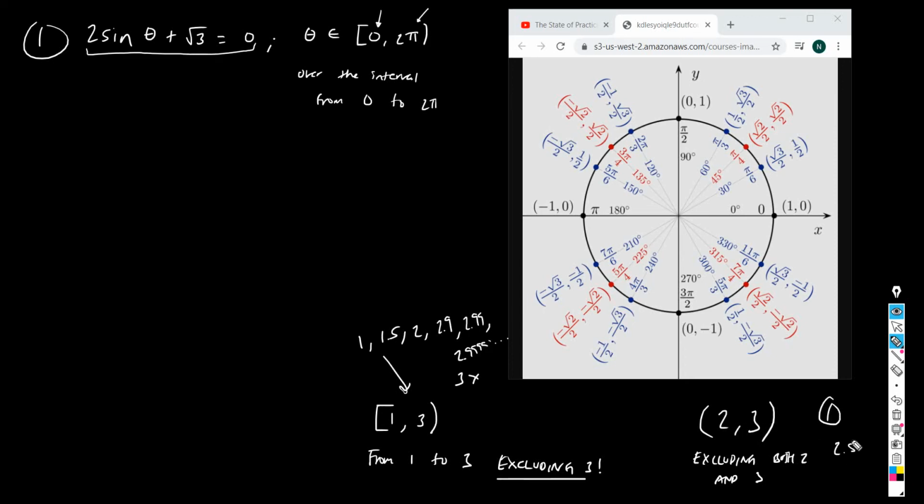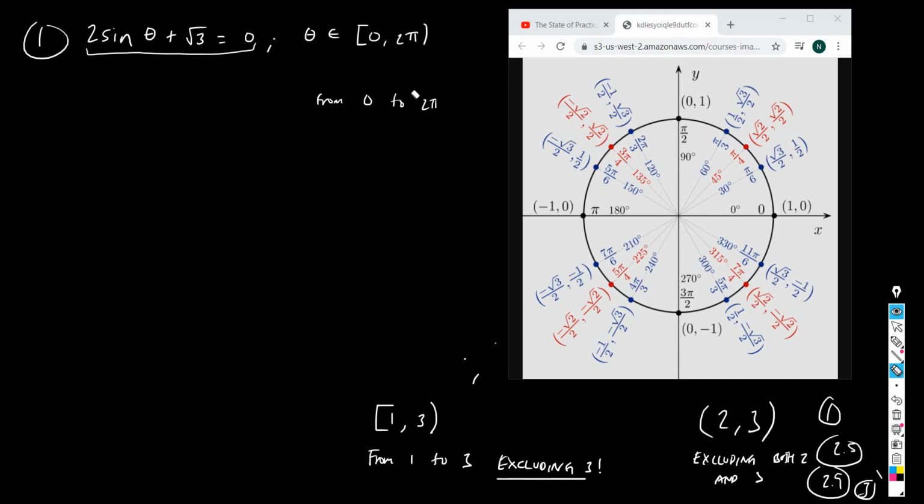Is the number 2.5 inside this interval? Yes. Is the number 2.9 inside this interval? Yes. Is the number 3 inside this interval? No. And that's how it works. Okay, so that's what this means, guys. We need to consider only the solutions that are within the interval from 0 to 2 pi, excluding 2 pi. You can understand by the end of the lesson what that means.